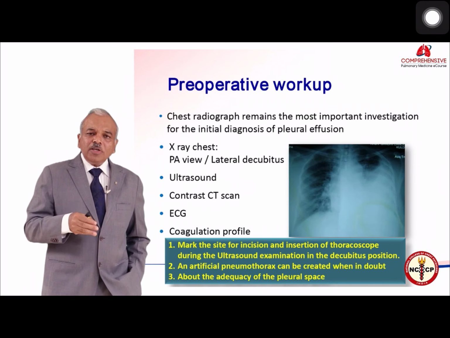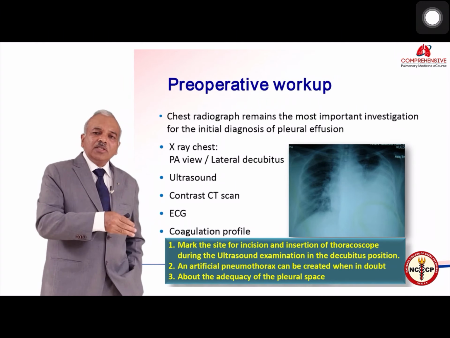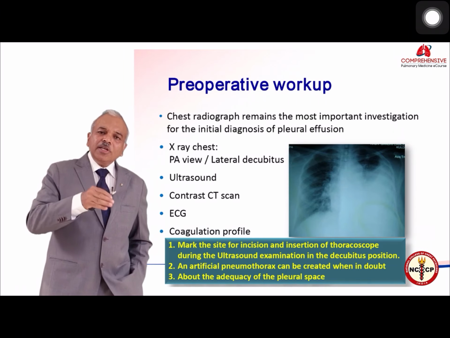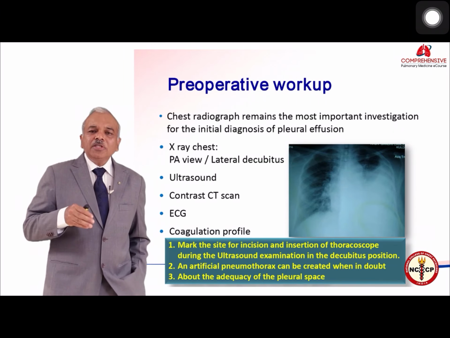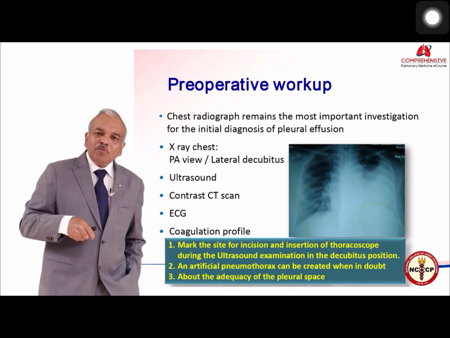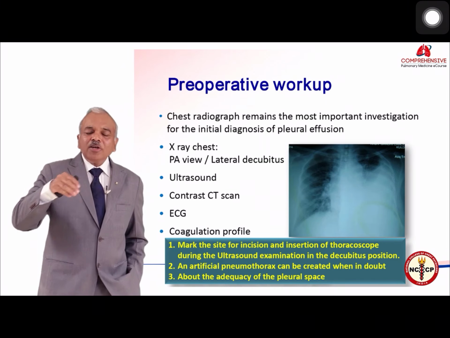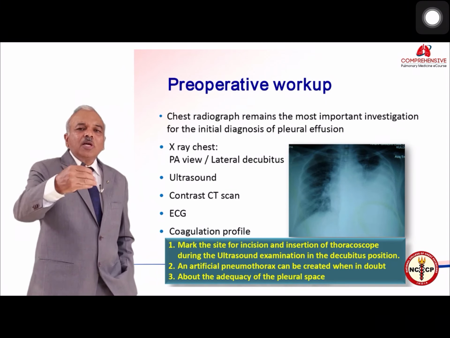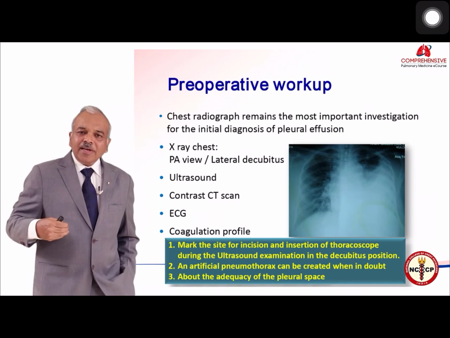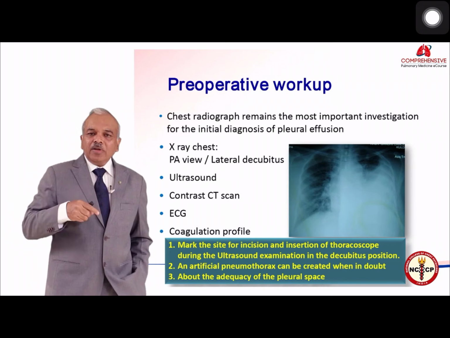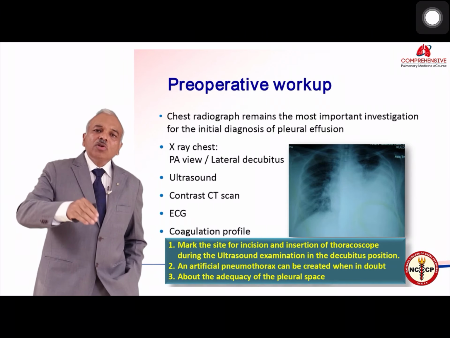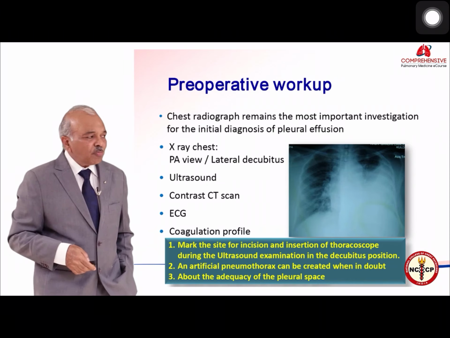So the usual thing would be to take the patient to the ultrasound or have an ultrasound in your operation theatre, put the patient in the non-dependent position, that means the affected side up, then do an ultrasound in the lateral decubitus position, find an intercostal space which is a couple of spaces above the diaphragm where there is fluid, preferably in the mid-axillary line, and mark that, because that is the position that is going to be there on the operation table in which you are going to take the patient for medical thoracoscopy.